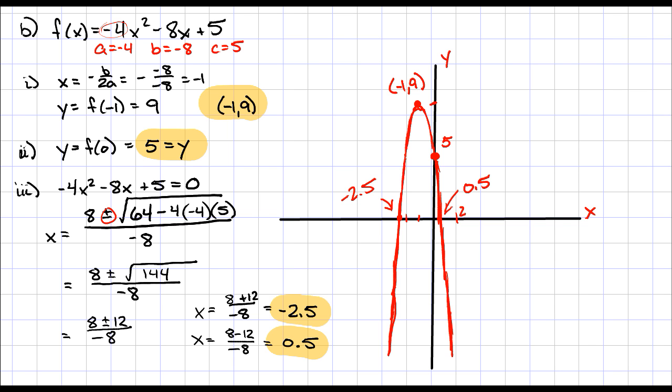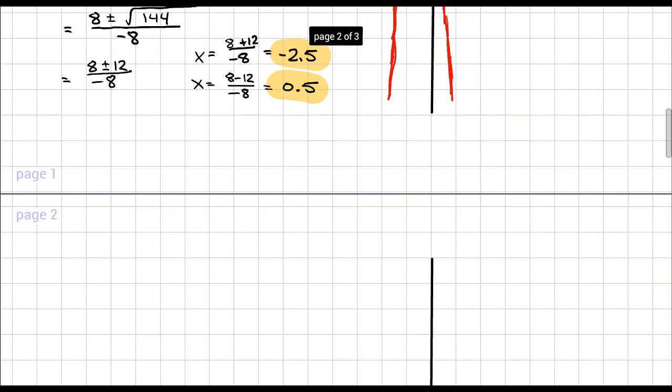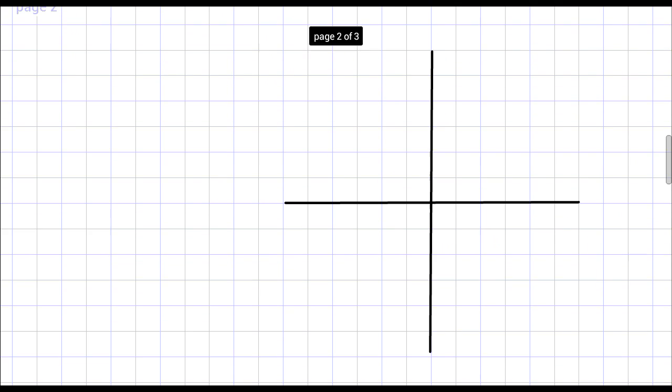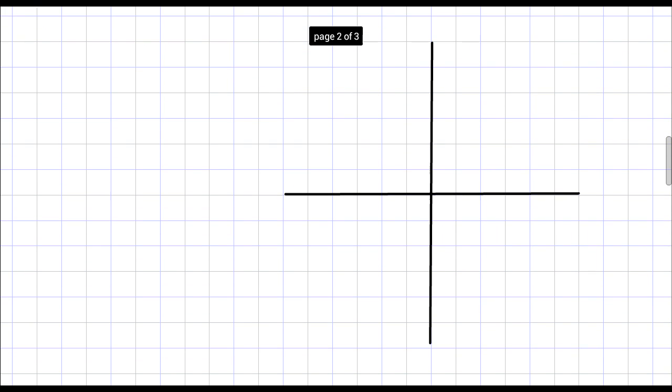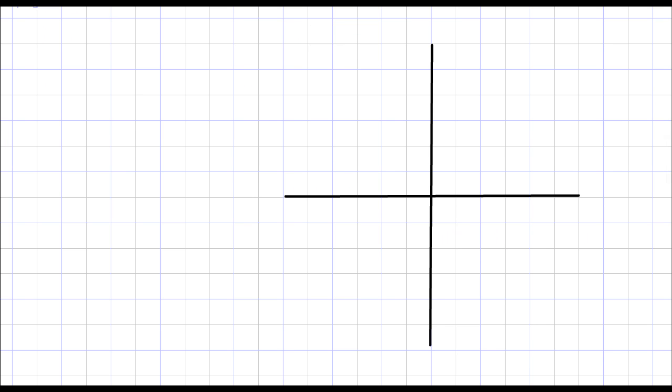Okay, so moving on. We'll start to move through the remaining examples a bit quicker. You can always refer back if you forget how to do something. So in part C, we have the function f of x equals minus 2x squared plus 7x minus 3.